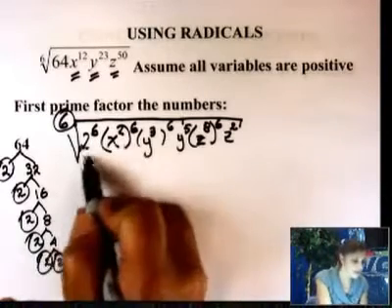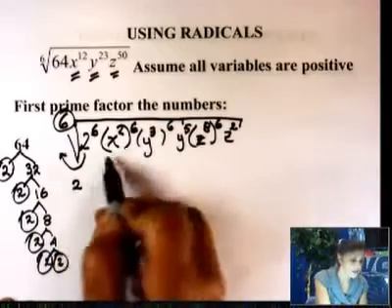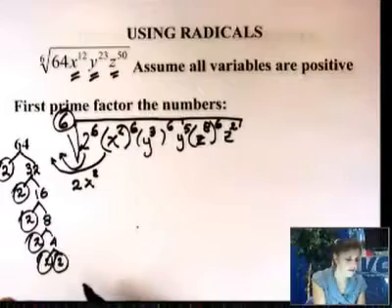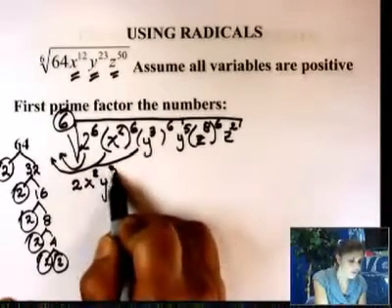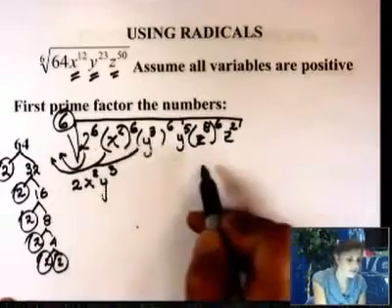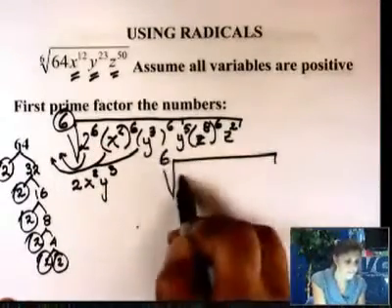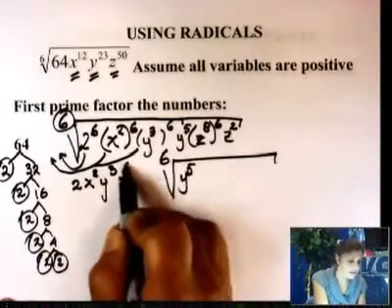Now, let's take things out. This comes out as 2. This comes out as x to the 2nd. This comes out as y to the 3rd. So I took care of this, this, this. This is behind. This comes out as 8.